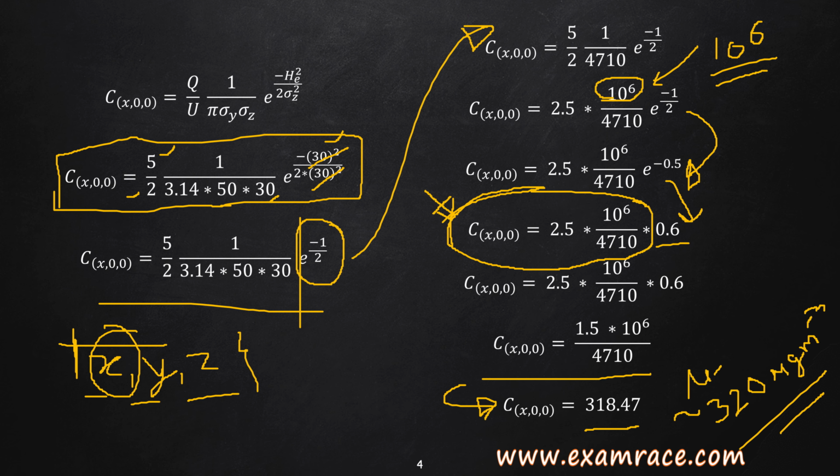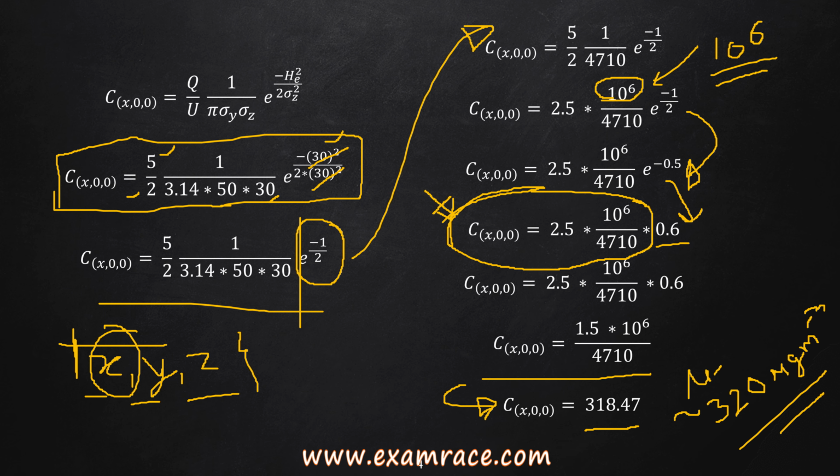Therefore C at x is equal to 2.5 into 10 power 6 upon 4710 e to the power minus 1 upon 2, which can be written as this.